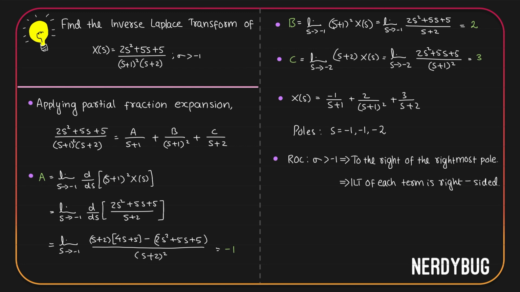Using that information, let us try to write x(t). For the first term, we have -1/(s + 1). So its inverse, if it is right-sided, is -e^(-t) u(t). The next term is 2/(s + 1)². So 2 multiplied by the inverse Laplace transform of 1/(s + 1)².